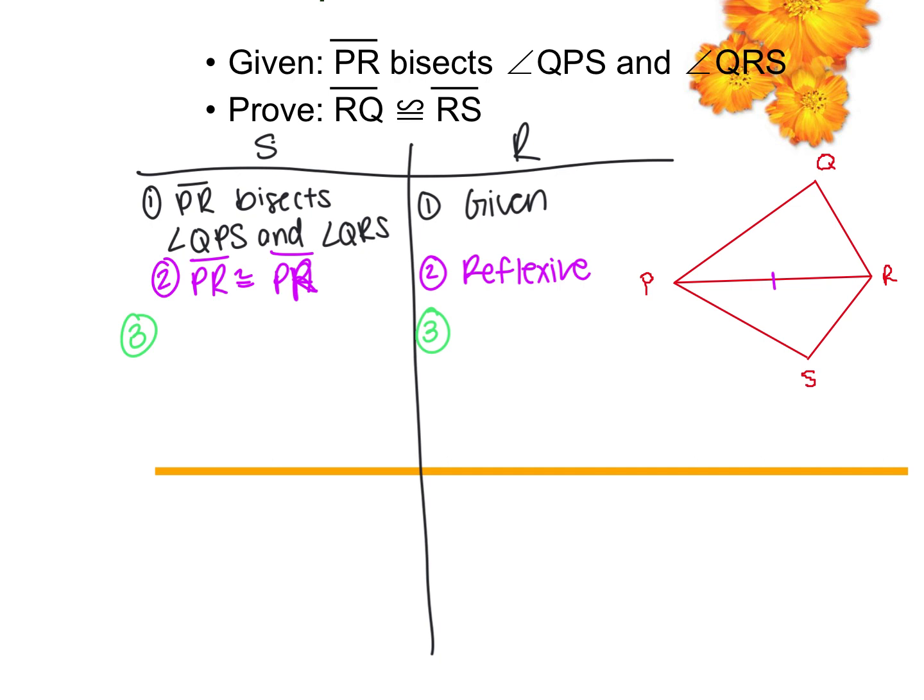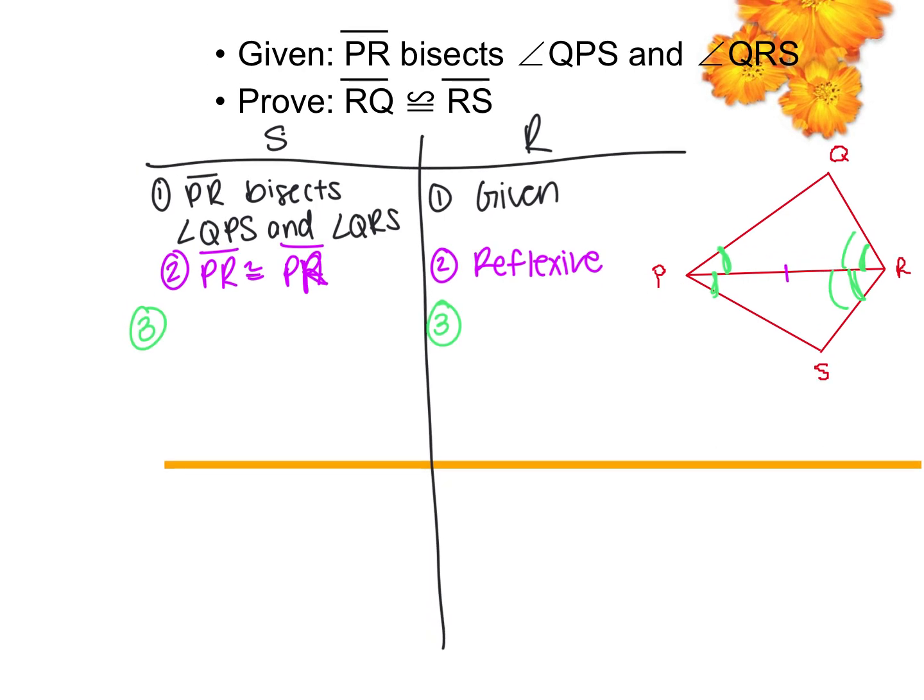And they're telling me that it bisects QPS and QRS. So now looking at it, I'm going to have 2 things that the definition of angle bisector is going to be used.